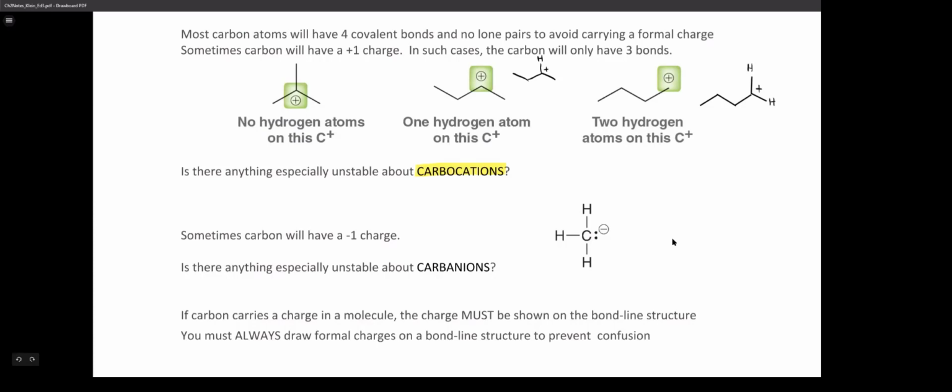Yeah, exactly. In addition to having a +1 formal charge. So charges make things less stable, and not having an octet does too. Okay.